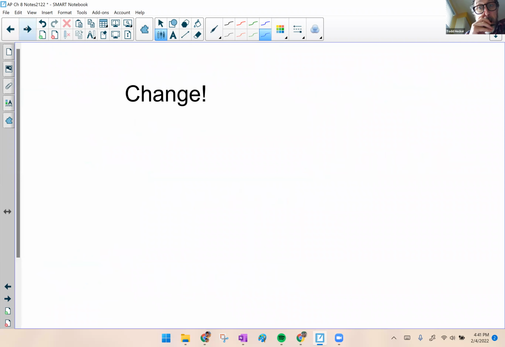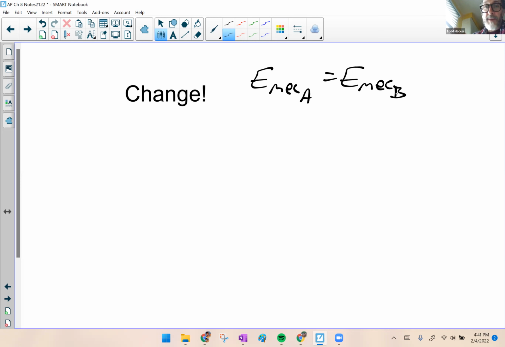Everything that we've done so far, we've said that the total mechanical energy at this point equals the total mechanical energy at this point. Often what is useful is to do the following. The mechanical energy at point A is equal to the mechanical energy at point B. My initial mechanical energy equals my final mechanical energy, where point A is initial and B is final.